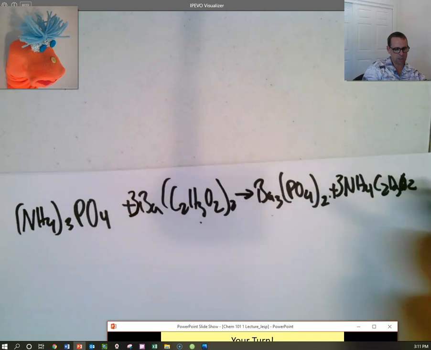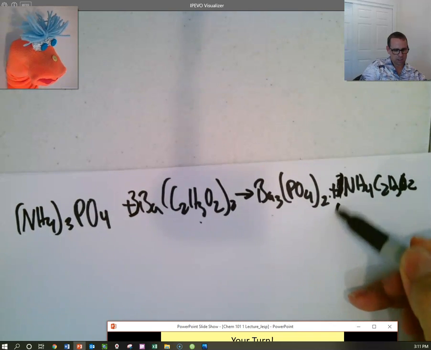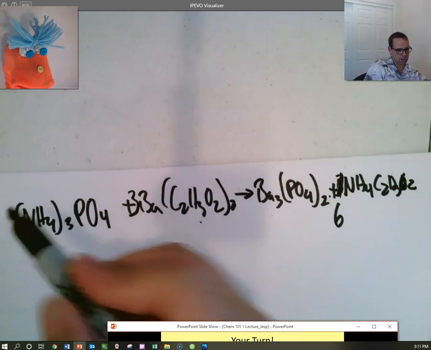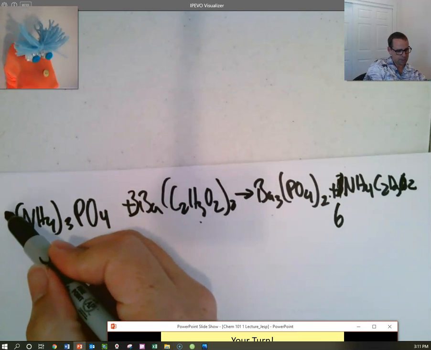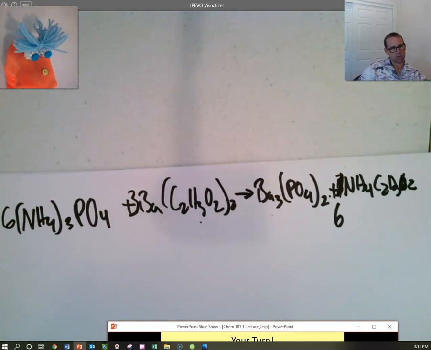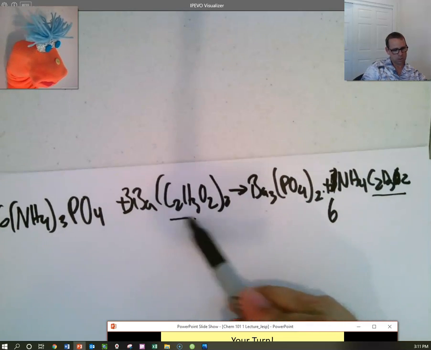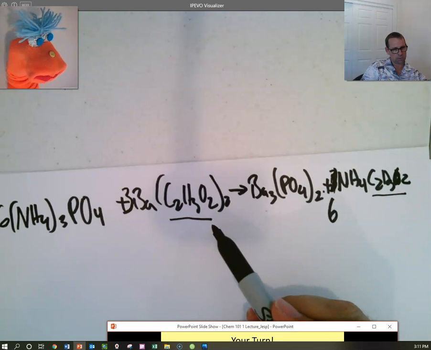So if I put a 3 here and a 6 there, that'll give you 6 acetates, and then you're going to have to put a 6 in front of the NH4. 6 here? I think so. 6 NH4, 6 acetates, 6 C2H3O2s on the left.